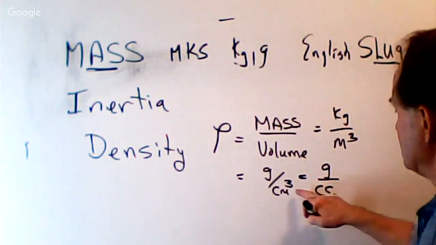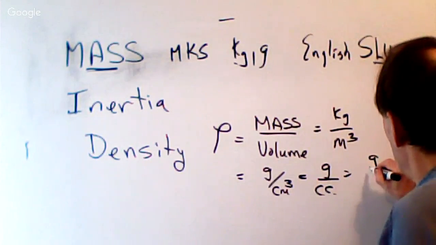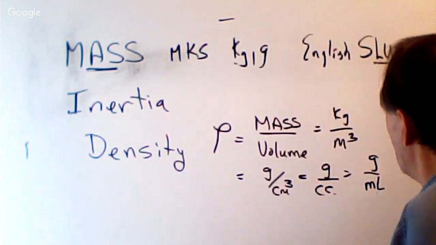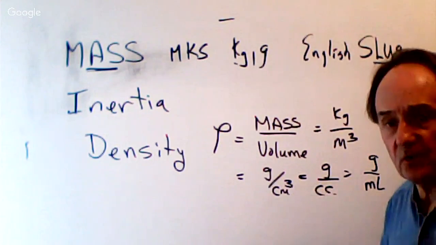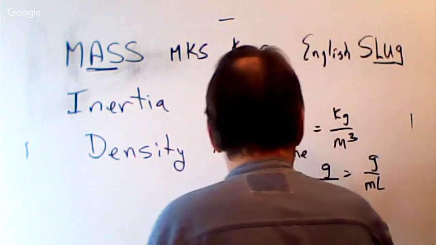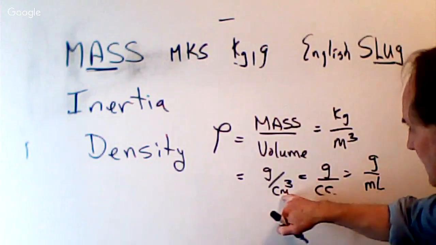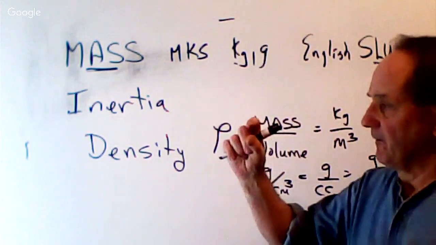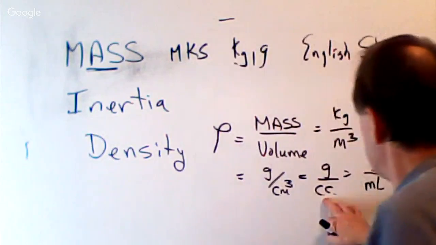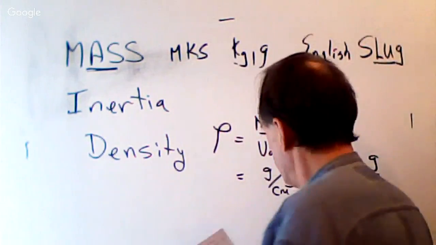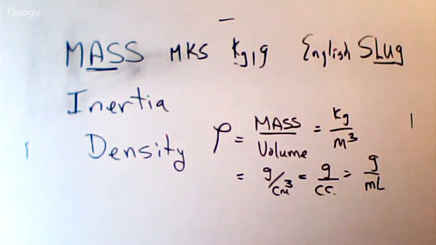So a cc is just 1 cubic centimeter, or it's grams per milliliter. 1 milliliter, or 1/1000th of a liter, is a cubic centimeter. They're interchangeable. The volume of 1 milliliter is the same as the volume of a cube 1 centimeter on a side. So 1 cubic centimeter, 1 cc, or 1 milliliter. So these are the units of density.